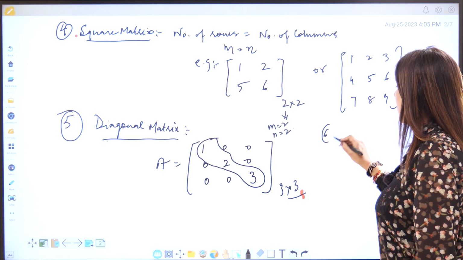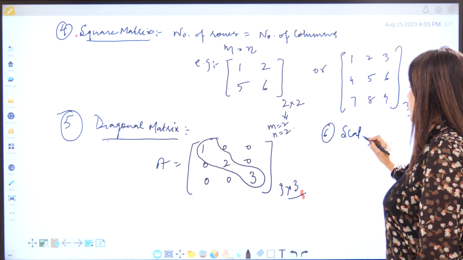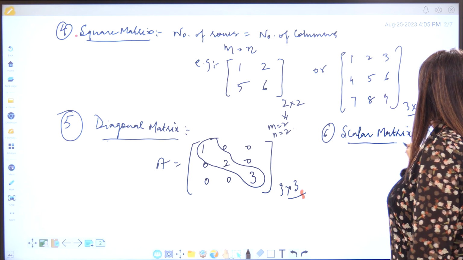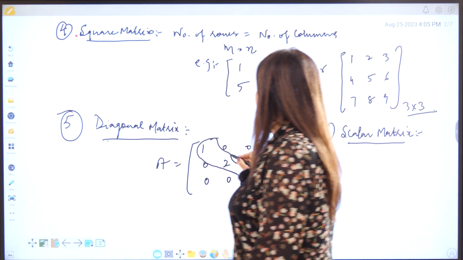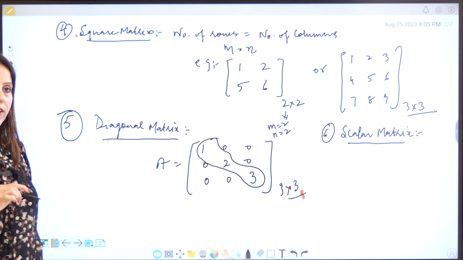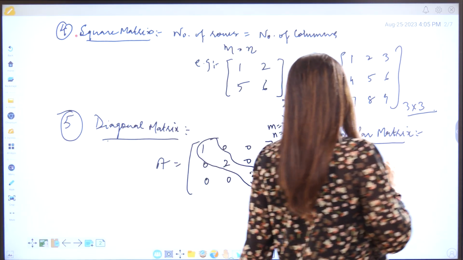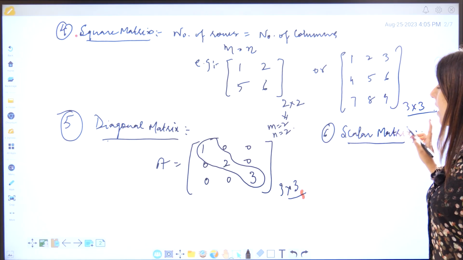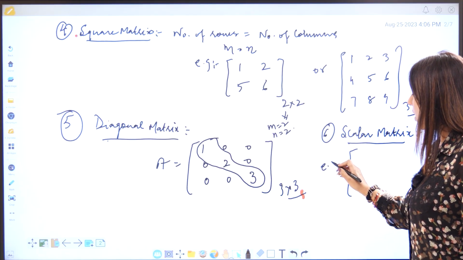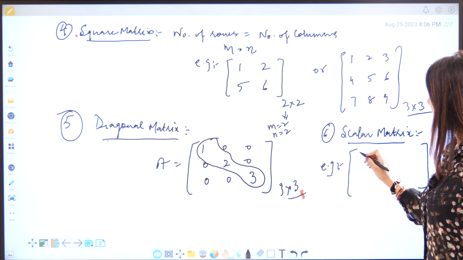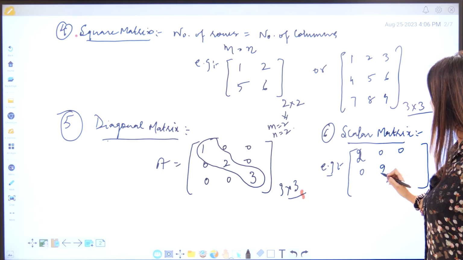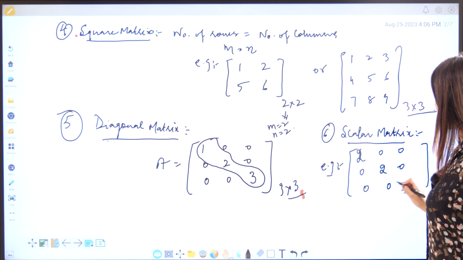Next, both look the same, the scalar matrix and the diagonal matrix, but the difference is that in the diagonal matrix the diagonal elements are different, 1, 2 and 3. A scalar matrix is a square matrix in which all the diagonal elements are equal. For example, [2 0 0; 0 2 0; 0 0 2].